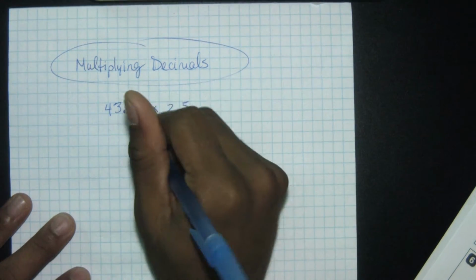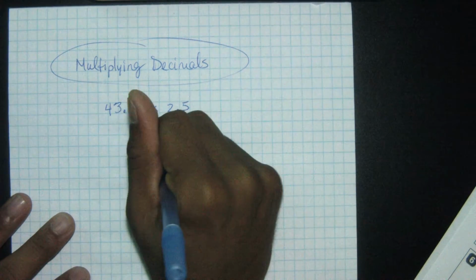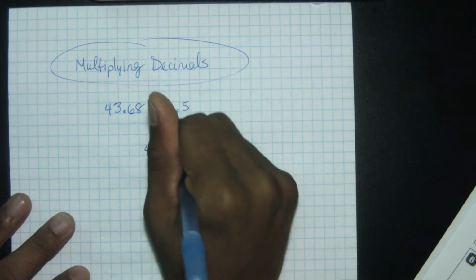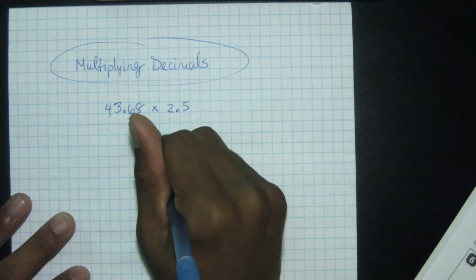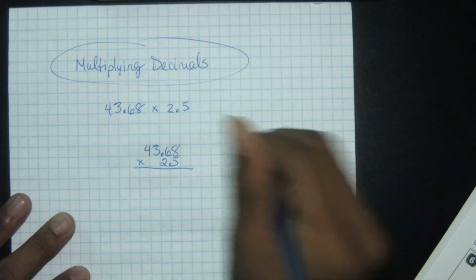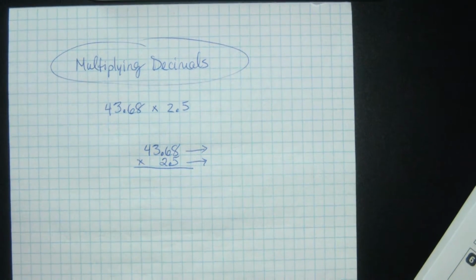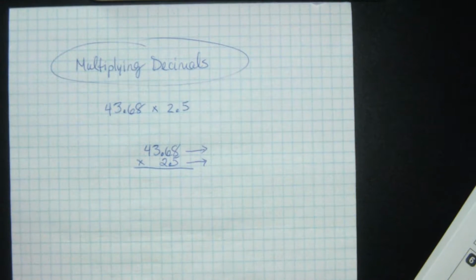First thing we need to do is write it out how we would normally multiply. So 43.68, 2.5, and we're multiplying. First thing you always need to do is check how many numbers are after the decimal.